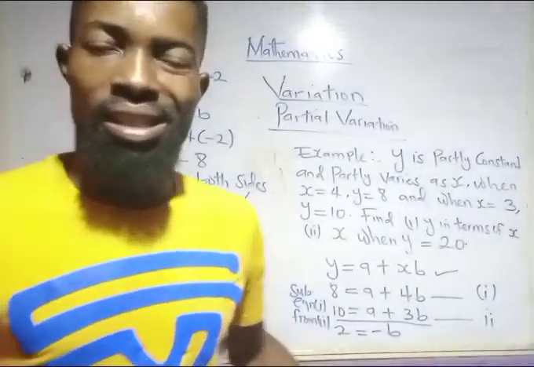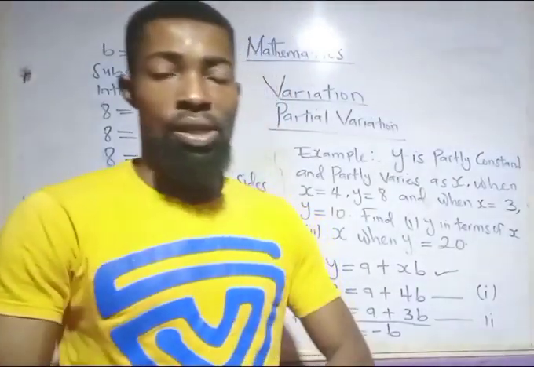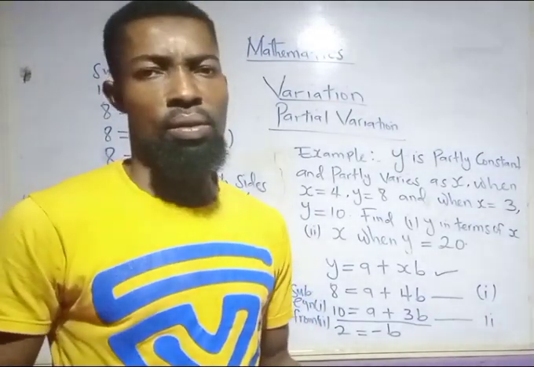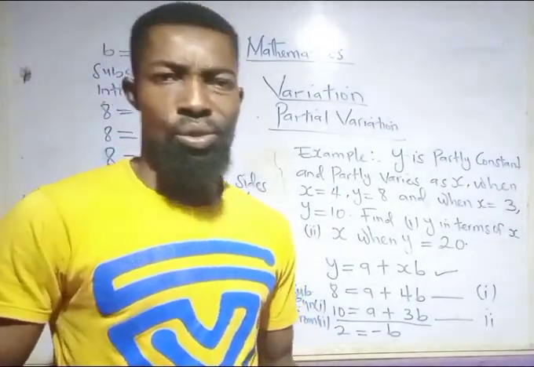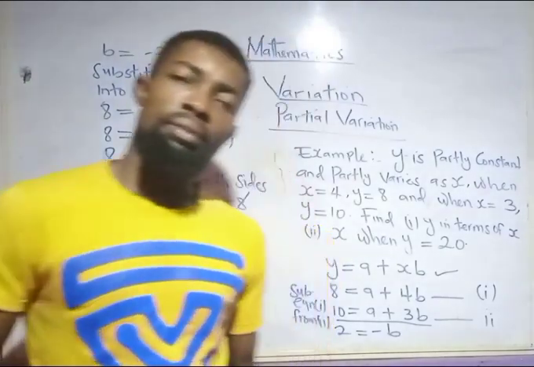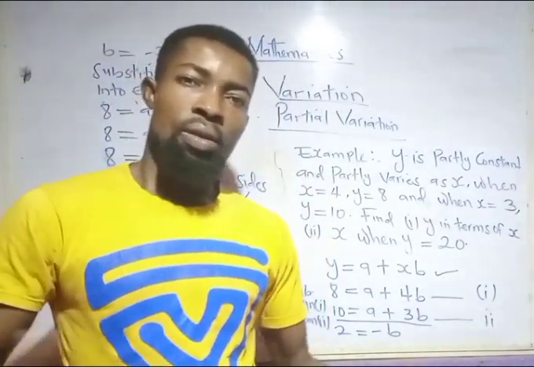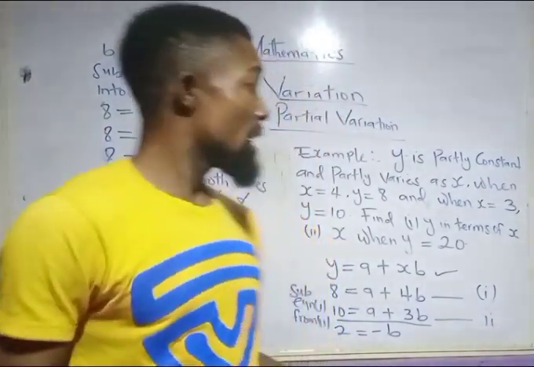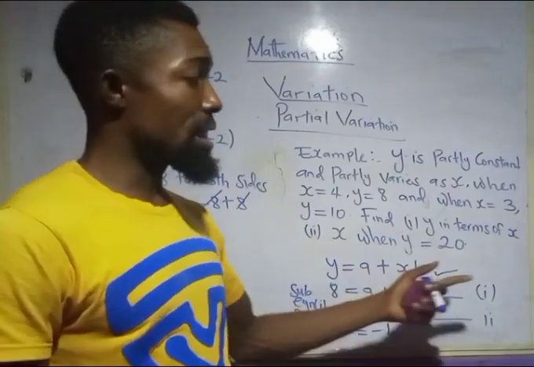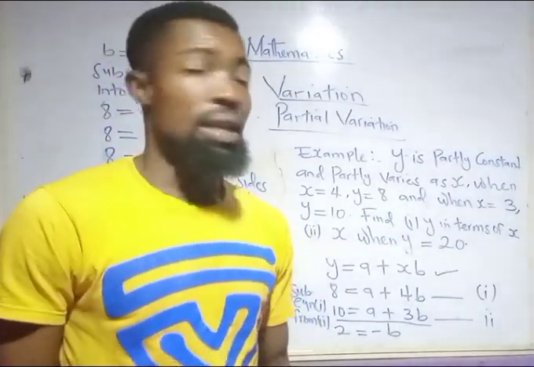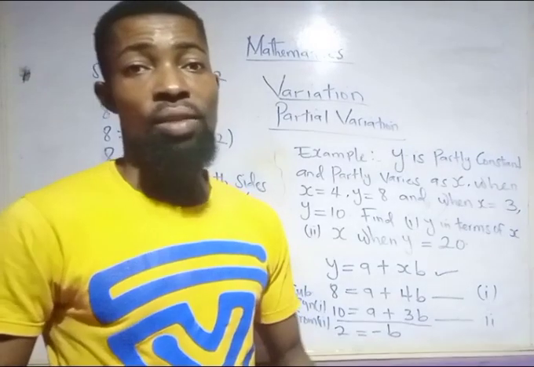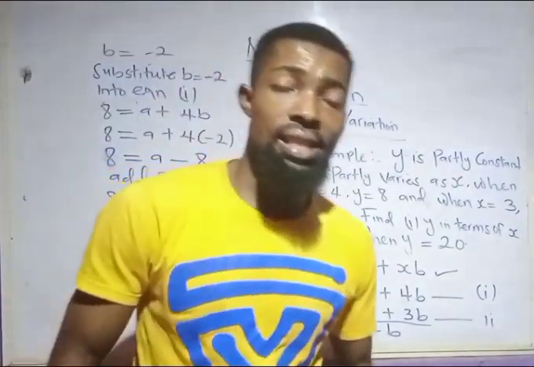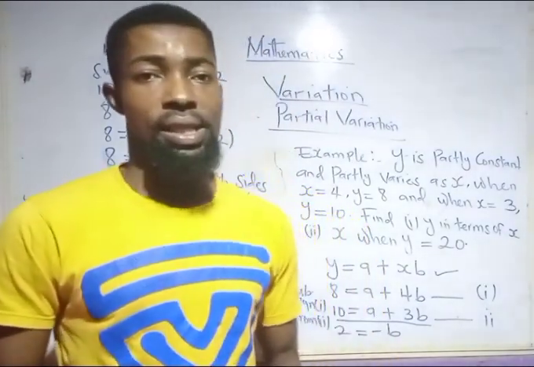That is all about it. In other questions or some places, they will put it in such a way that it will not be y in terms of x. It will be like to look for the relationship between y and x or the relationship between x and y. You understand?